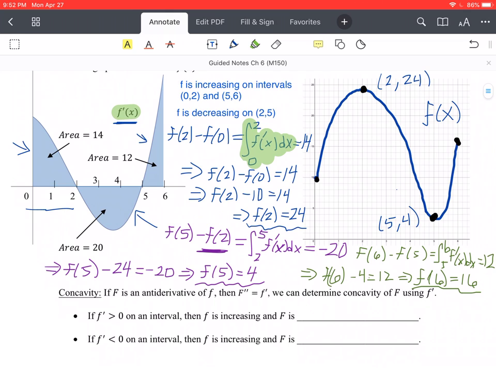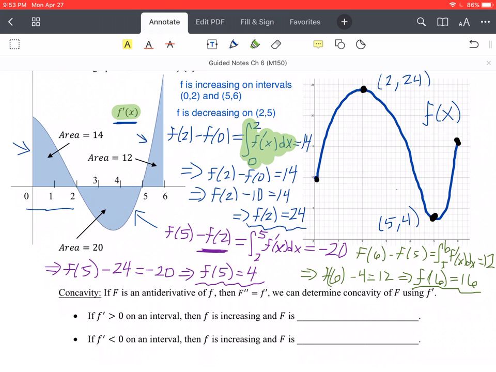One last thing to mention here is regarding concavity. If big F is an antiderivative of little f, that means big F double prime is little f prime. If little f is the derivative of big F, and I take one derivative of little f, that puts me 2 derivatives ahead of big F. So big F, take the derivative, gets me f. Take the second derivative, gets me little f prime.